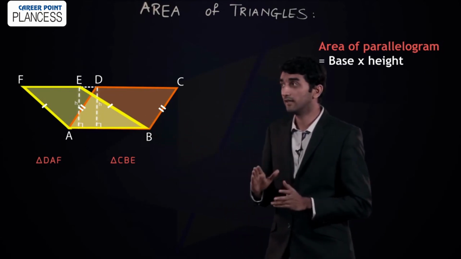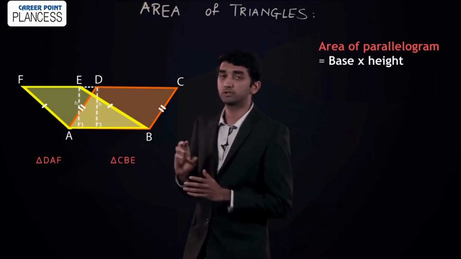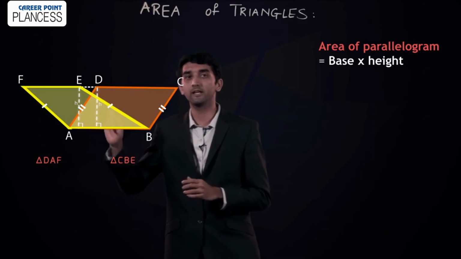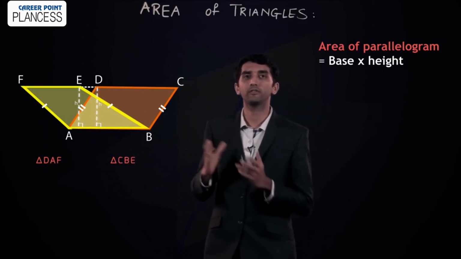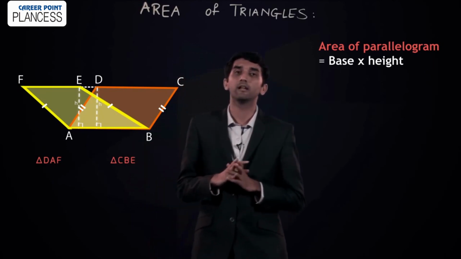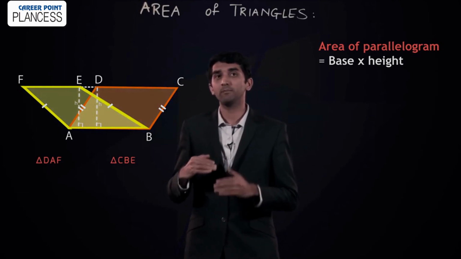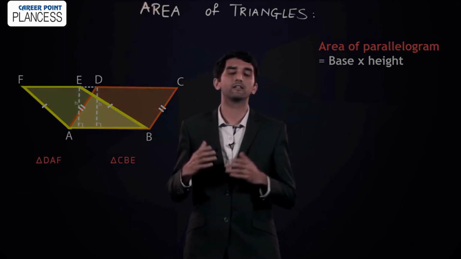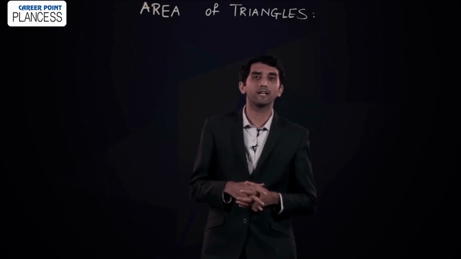Hence, the areas of both these parallelograms are going to be equal, because both of them have that common area and an equal triangle area. So that is another perspective of proving the same thing: if we have a common base and the parallelogram is stuck between two parallels, the area of a parallelogram is the same, and that is base into height.